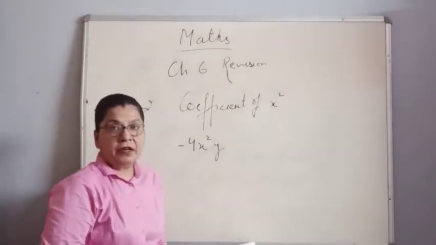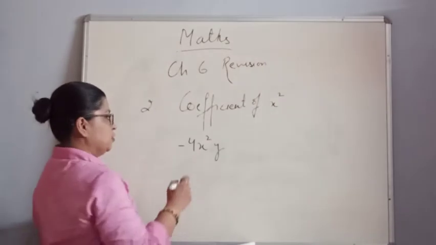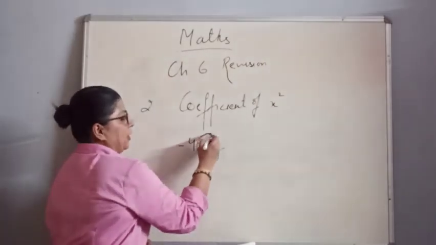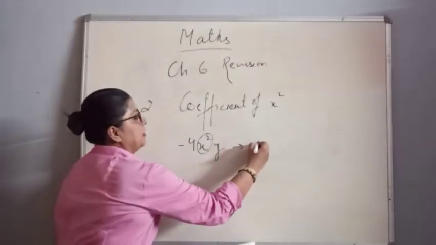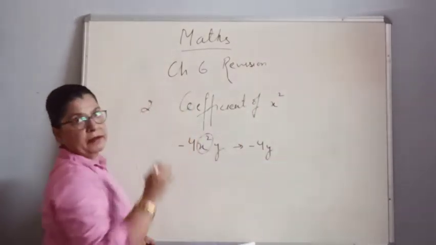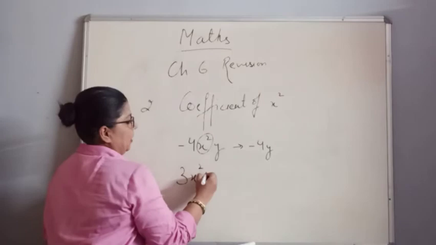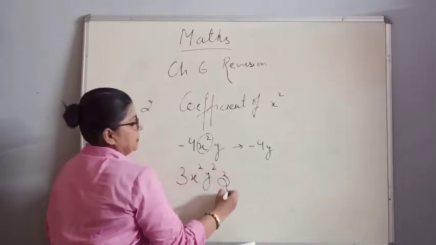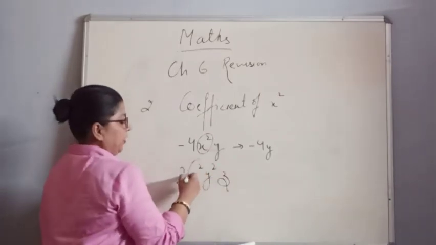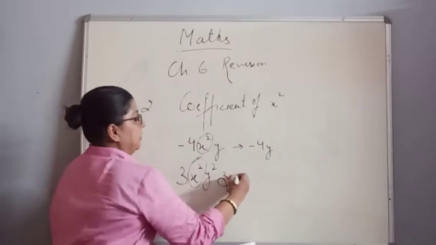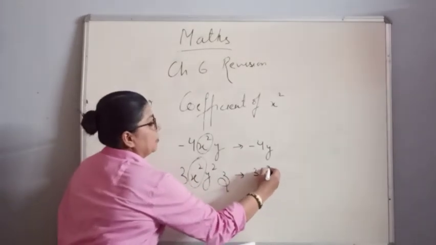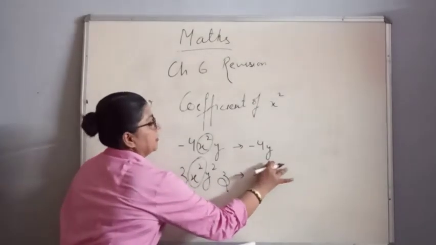You have to write the coefficient of x square. So we will not write x square and we will write the rest. Minus 4y. If we are having 3x square y square z and we have to write the coefficient of x square, then we will write 3y square z.